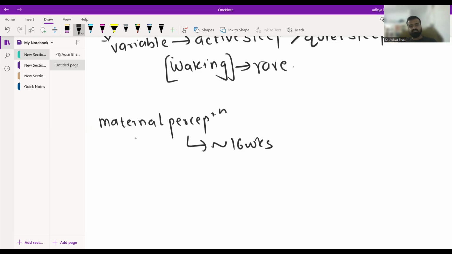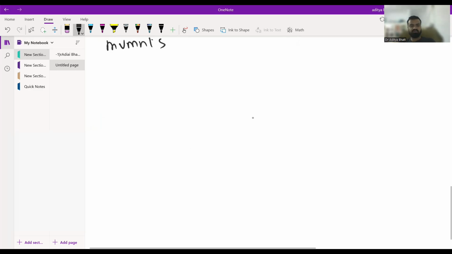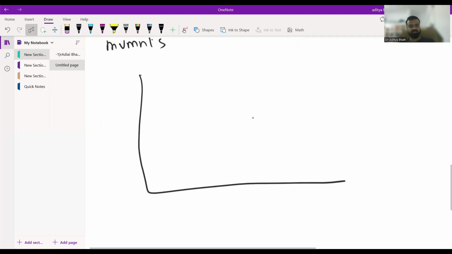Now this movements have a specific flow. Okay, movements have a specific flow that will be seen. So see, ये gestation age हो गया, movement versus gestational age.